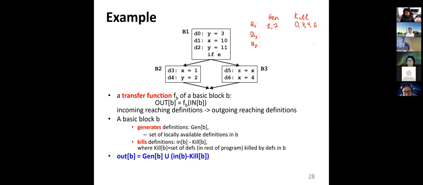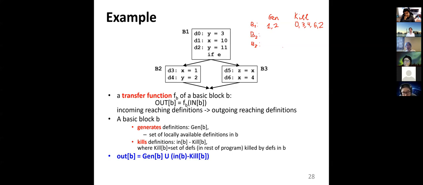So what happens here, you have to forget about the order. Because there are two statements, D0 and D2, each of them can kill the other one. So essentially, from the global point of view, D2 is also in the kill set because it is killed by D0. That's just based on the definition, right? It's going to look at it globally. So it's 0, 2, 3, 4, 7, that's the answer.